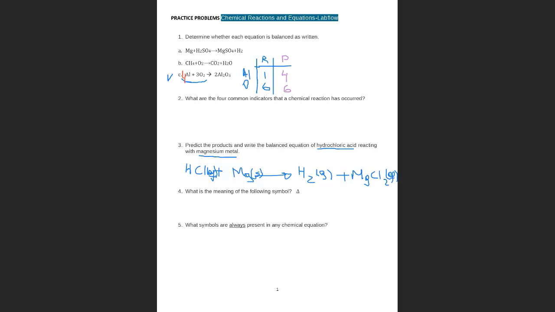If I add a 2 here, then the equation is balanced. What is the meaning of this symbol? If you look it up in the table, the symbol plus, and this one means that heat is applied.